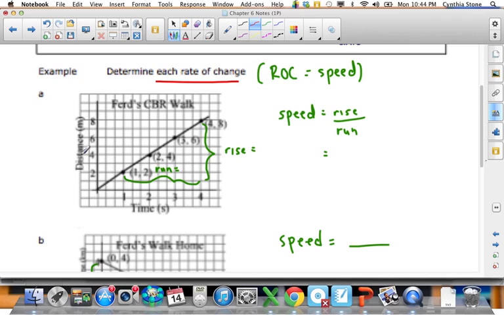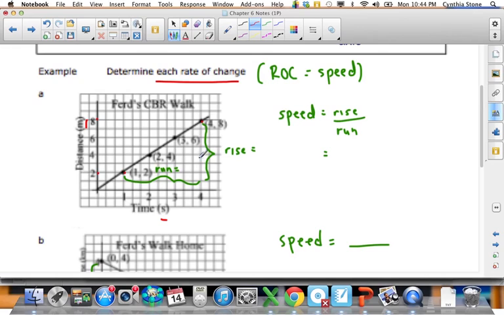Now this is very hazy, but that says distance in meters and time in seconds, which by the way tells me that my units are going to be meters per second. I know that now. But I'm going to go through and calculate my rise and my run. Hard to read, but it does give us some data points. If I use these 2, remember I said you don't have to use the very beginning and very end. You could use any 2 points, and I'm just going to choose to start here and finish here. In that time, the rise went from 2 up to 8.